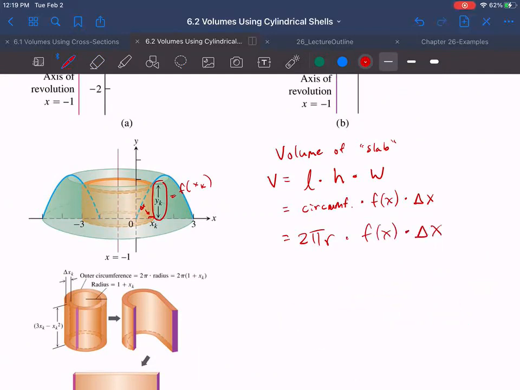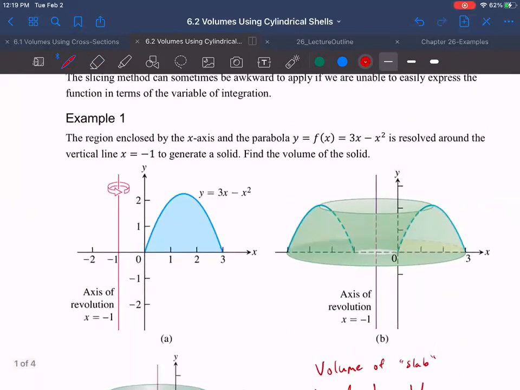The radius, what's the radius going to be? Go up to this picture for that. So say our cylinder wall is right here, right? What's our radius from where we're revolving around? In other words, in this picture, say right here, what's our cylinder radius when we draw in this cylinder? Yeah, there you go. This is our radius r here, right?